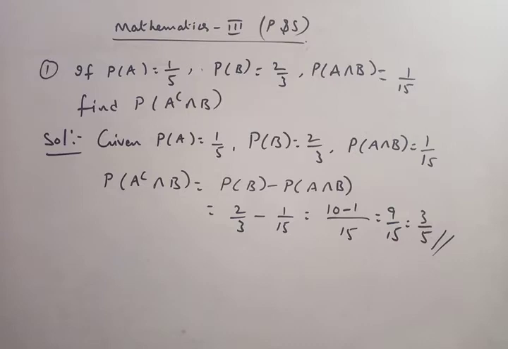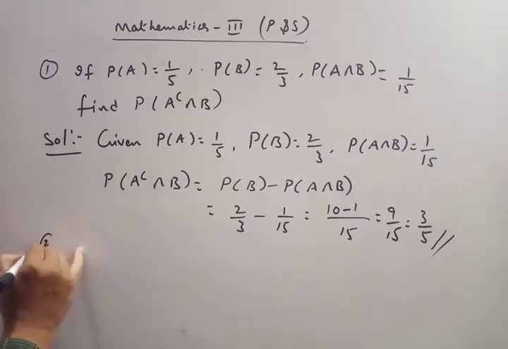Okay, so take down. The second one he gave: define MGF of discrete random variable, moment generating function of a discrete random variable. Any random variable MGF you have to find. Then you have to find the mean of exponential distribution.